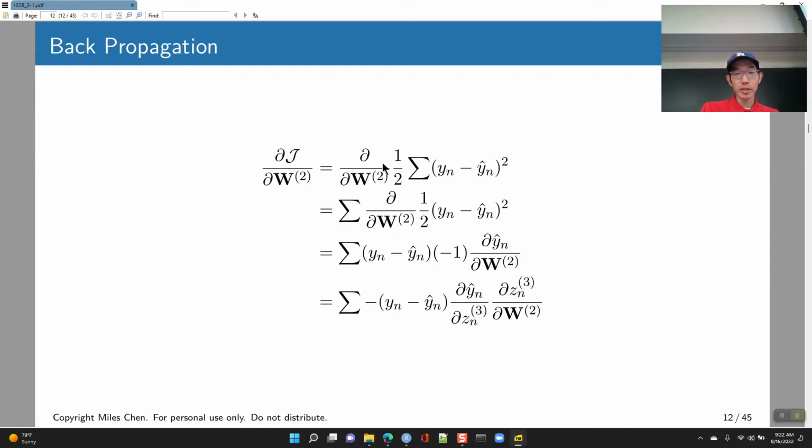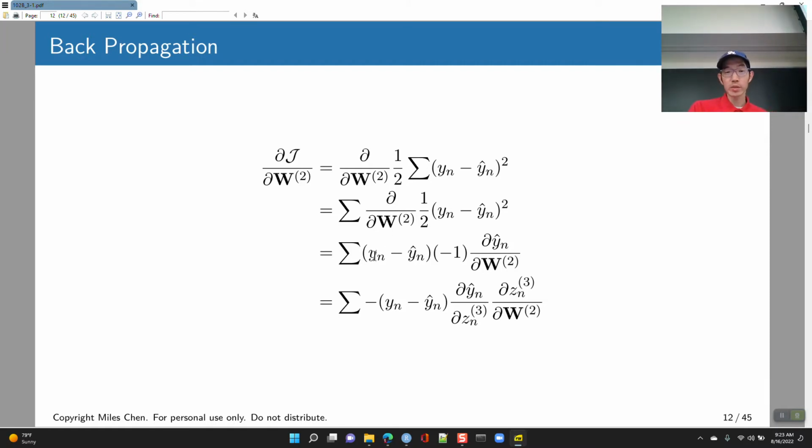The derivative of a sum is the sum of the derivatives, so I'm going to bring the derivative sign inside here. Now I've got a quantity squared. The derivative of that is, I bring the 2 down, and now I have y sub n minus y hat sub n. And then we apply the chain rule.